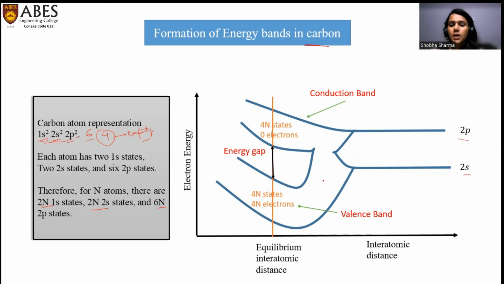Beyond this point, the distance between atoms was large enough so that the energies associated with the electrons were the same. The corresponding electrons in two corresponding atoms of carbon had the same energy states, but as we reduce the interatomic distance between atoms, the energy states began to split.